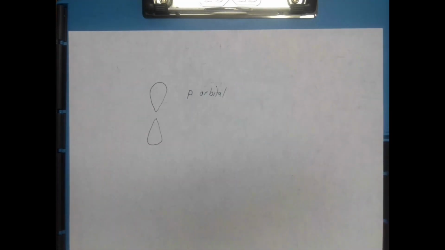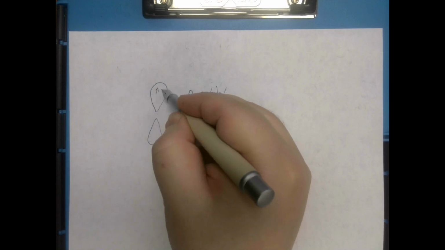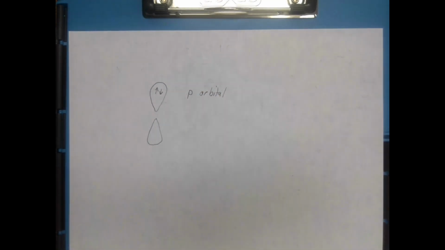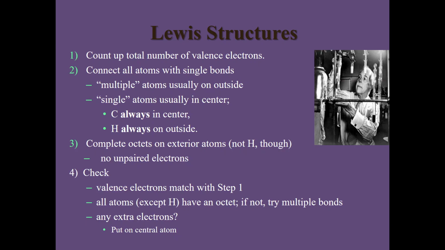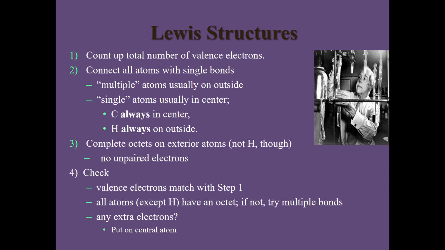Do y'all not remember the p orbitals? And how many electrons can go in a p orbital? A spin up and a spin down. Due to Pauli exclusion, whenever they interact and join together, y'all remember the musical video I played for y'all? If y'all can remember them lining up.